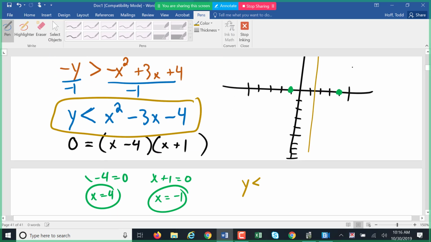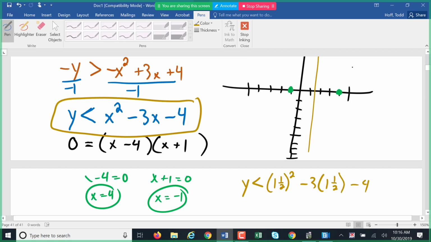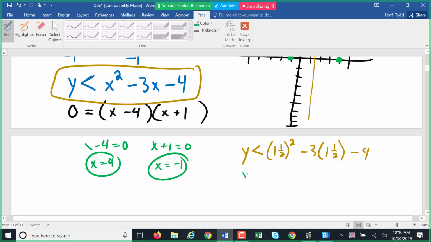So y is less than 1.5 squared minus 3 times 1.5 minus 4. 1 and 1/2 squared is 2.25 minus 3 times 1.5 is 4.5 minus 4. I should have used equals in here for right now to find the vertex.